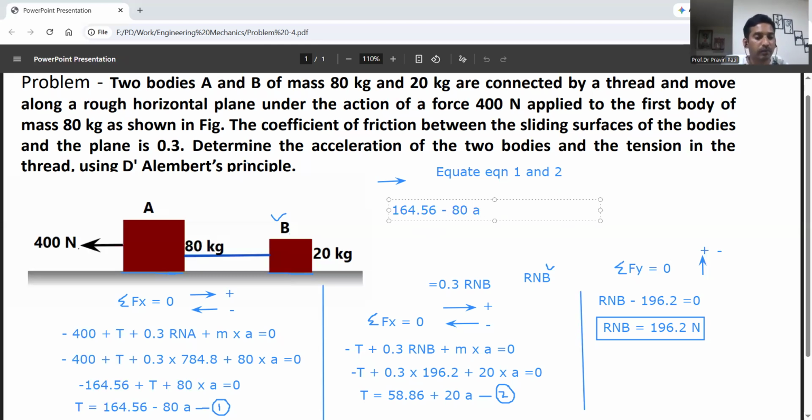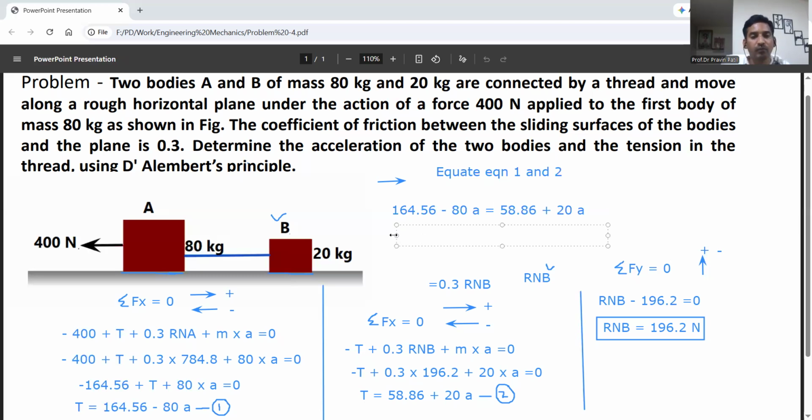We have to take the a terms on one side and the terms without a on the other side.